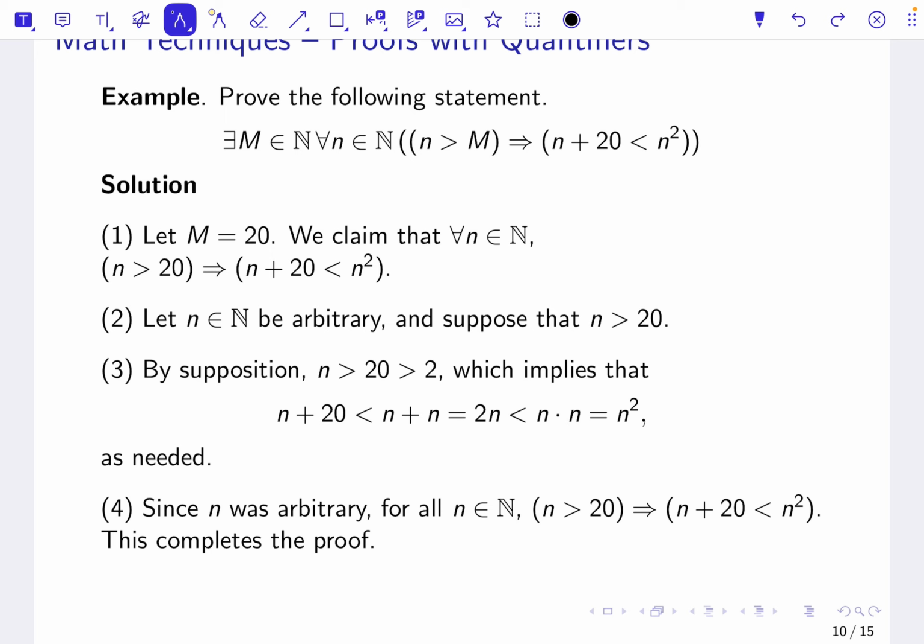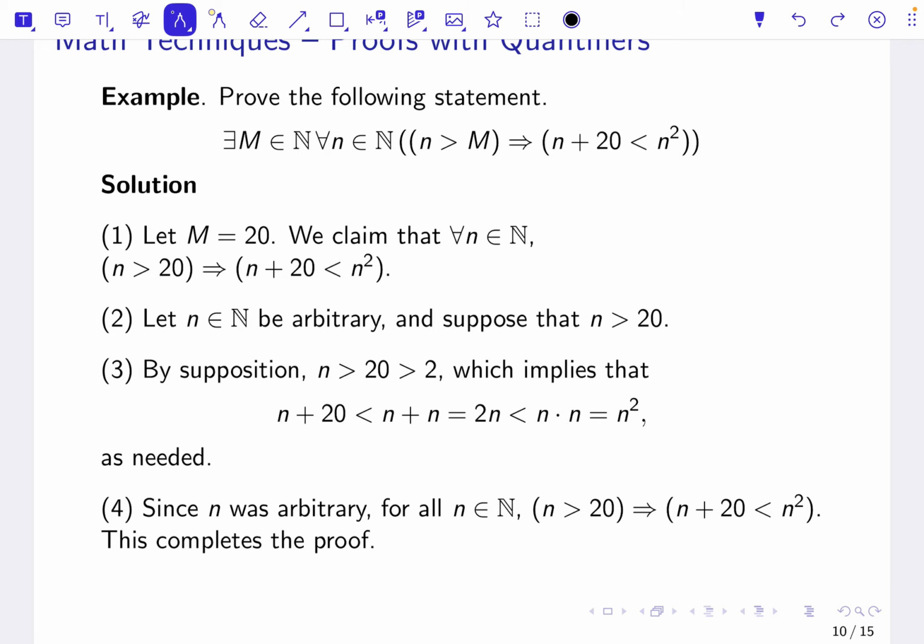Okay, new one. There exists an m such that for all n, if n is greater than m, then n plus 20 is less than n squared. Whew, this is quite a bit beefier than our last one.